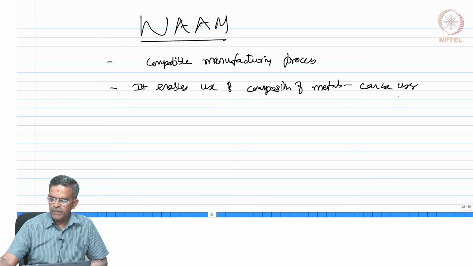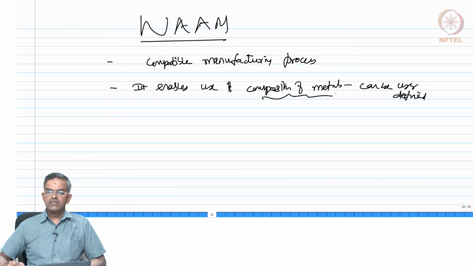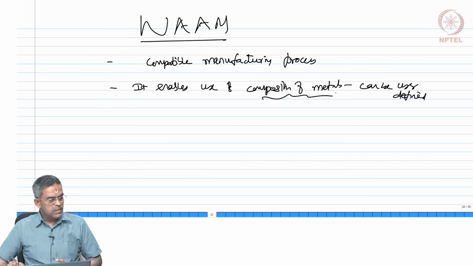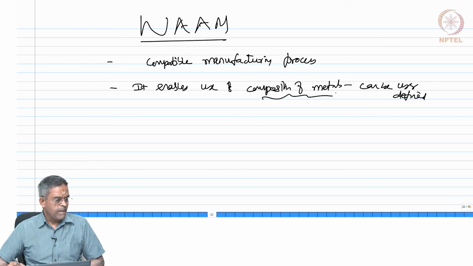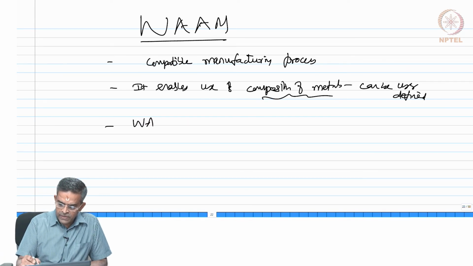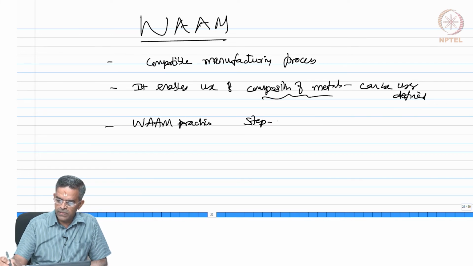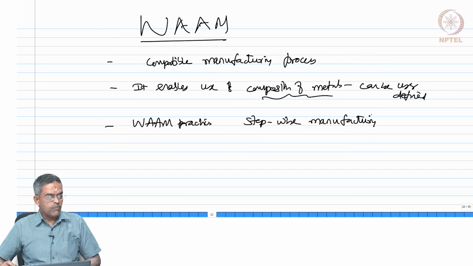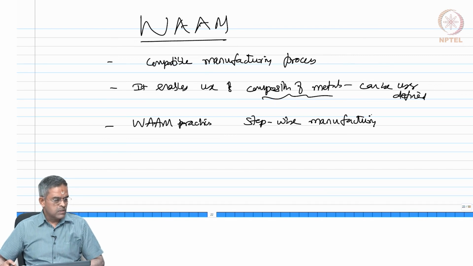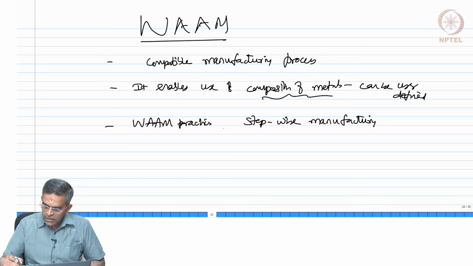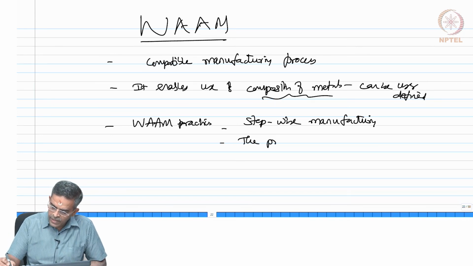That is very interesting. You can define the composition to manufacture that combined product in WAAM process. So, WAAM practices stepwise manufacturing method. We have seen there are two methods of FGM, continuous and stepwise. WAAM adopts stepwise manufacturing, and the product development is 3-dimensional.